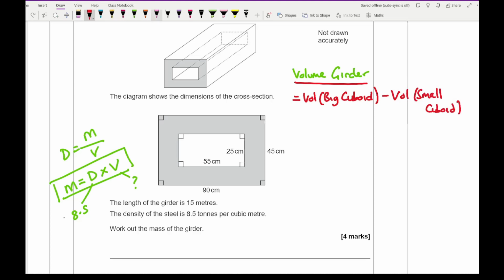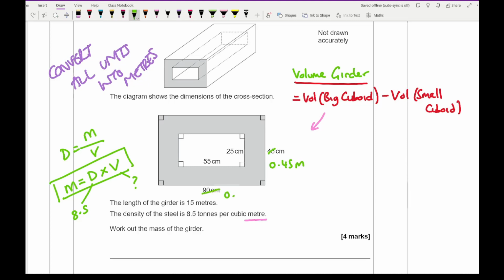So to work out the volume of the large cuboid, that's going to be using the big dimensions. So that's going to be 90 times 45 multiplied. Now I need to make sure that I'm working in meters. So let me just go back and change that. So convert all units into meters. So then this is going to become 0.45 meters.